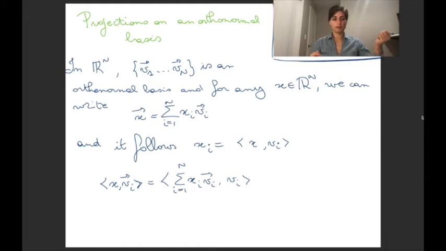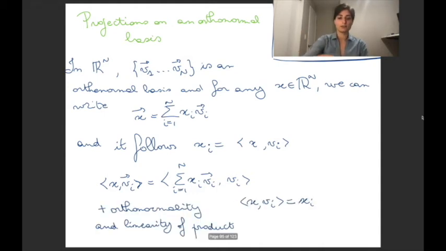Well, if we take the inner product of our sum of xi Vi with one of the elements of our orthonormal basis, let's take Vi, then in the sum, all the elements except the one associated with Vi times itself disappear because of orthonormality and the linearity of inner products.